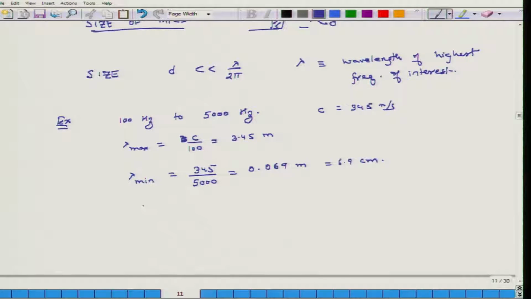So, lambda over 2 pi minimum value is equal to 6.9 divided by 6. So, this is equal to 1.1 centimeters.